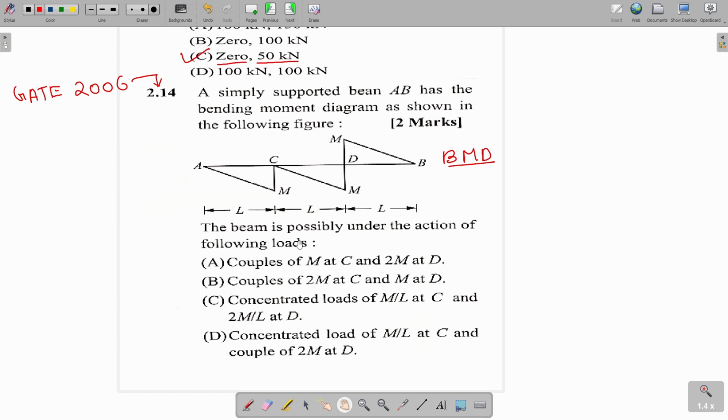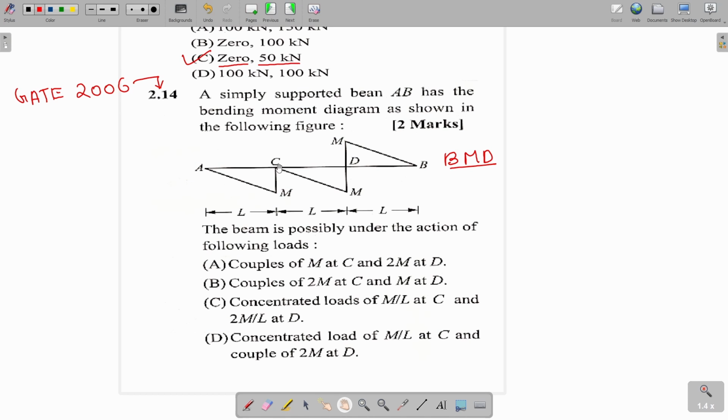In this case, I'm going to write like this. Since the bending moment is linear between AC, it's very clear from here. The diagram is very easy. From A to C, C to D, and D to B, no load is acting.